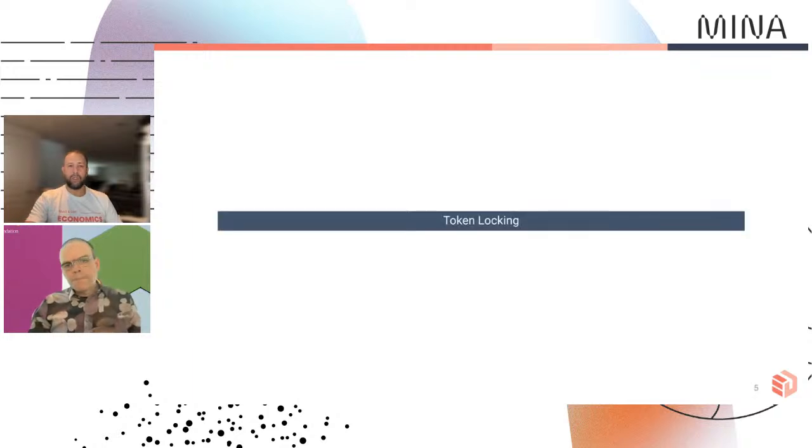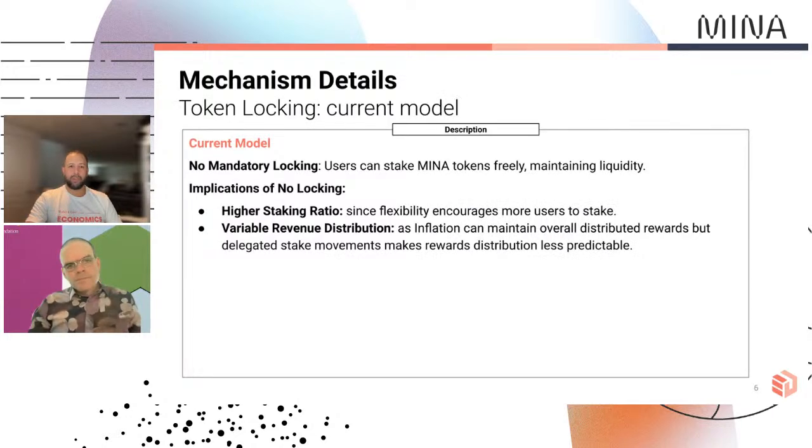So the first one is the lock-in of the tokens. The current model today is you can stake Mina tokens freely, which maintains full liquidity, and you can move those tokens, do whatever you want right after you stake them, up until we go to the next epoch where you have to kind of stake them again.